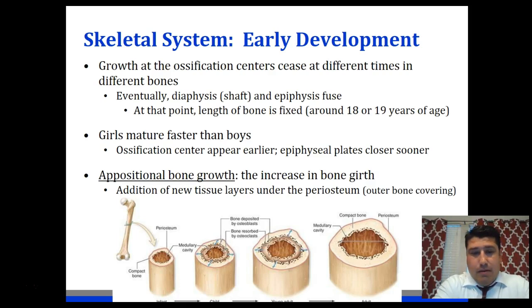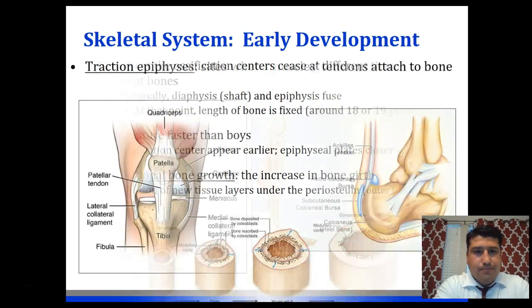Okay, but at this point, our bones are the biggest, the longest, and the thickest they'll ever be, so they can really anchor all types of muscle contractions, because remember, the muscles have to pull on the bones in order for them to contract. So at this point, this is when we reach peak physical function.